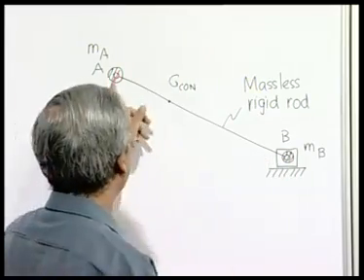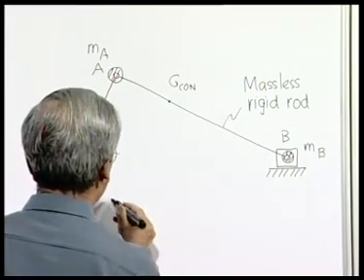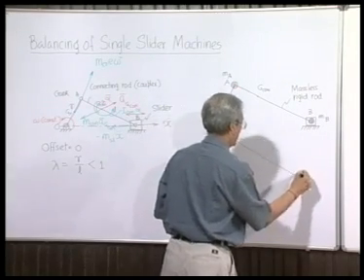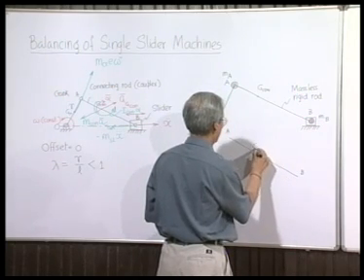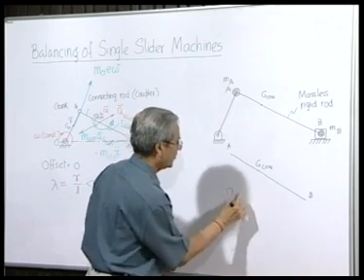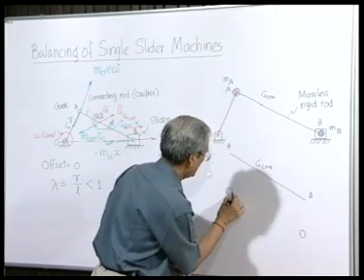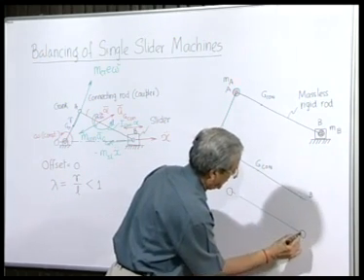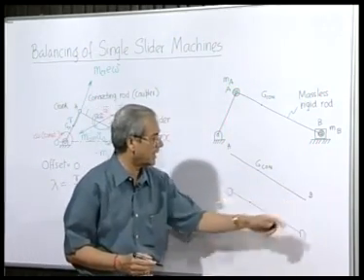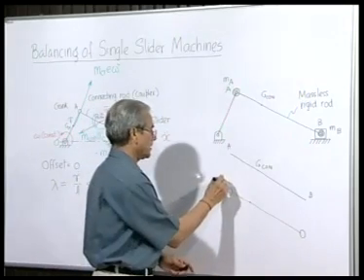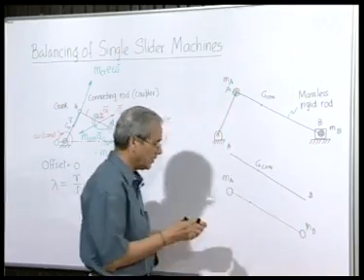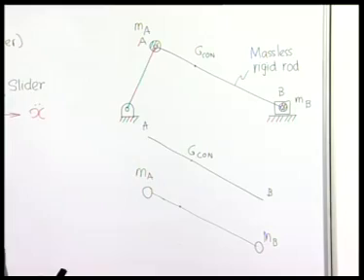So that this actual connecting rod becomes dynamically equivalent to this, so that this distributed mass here is represented by two concentrated masses. But in doing so, we keep the dynamic equivalence intact.